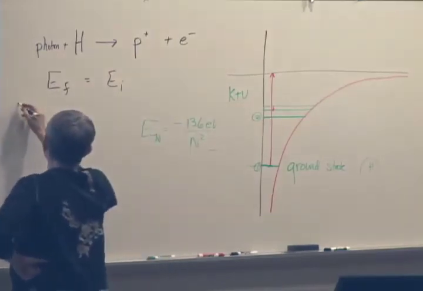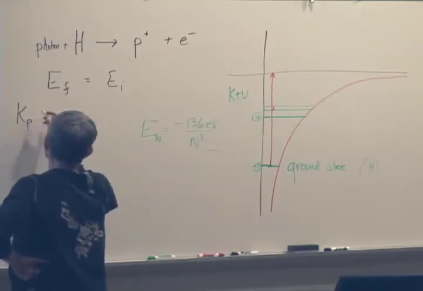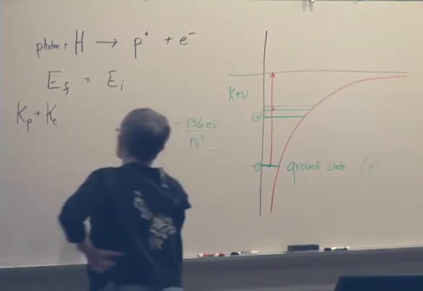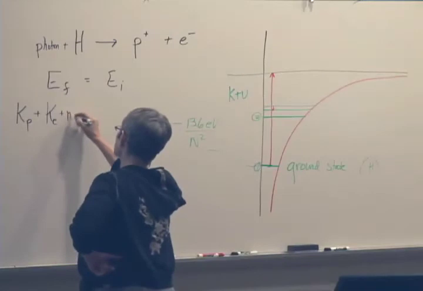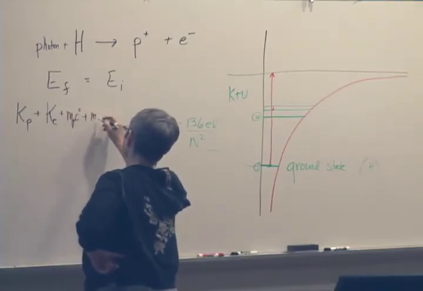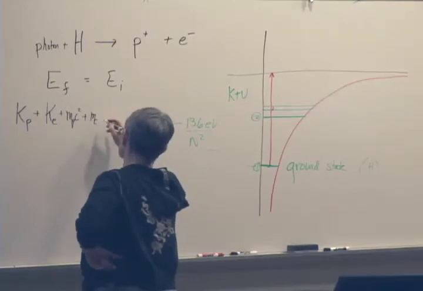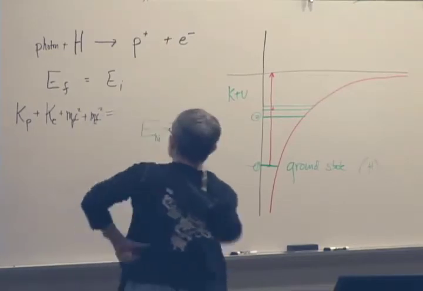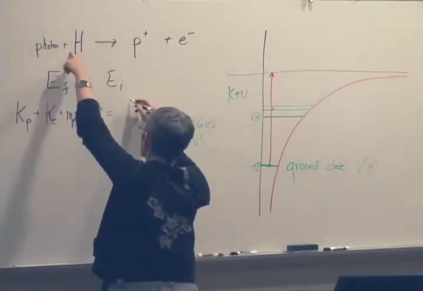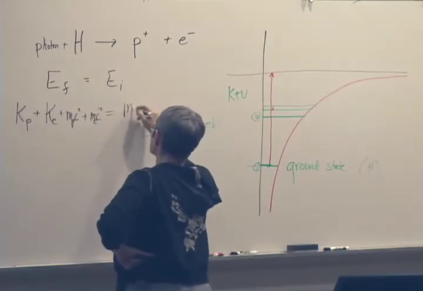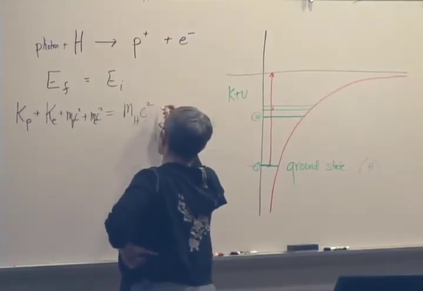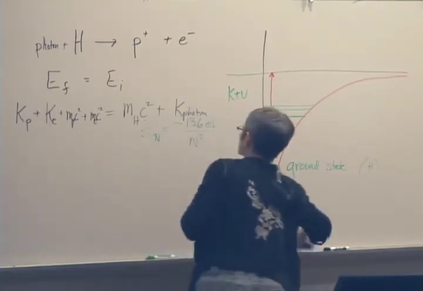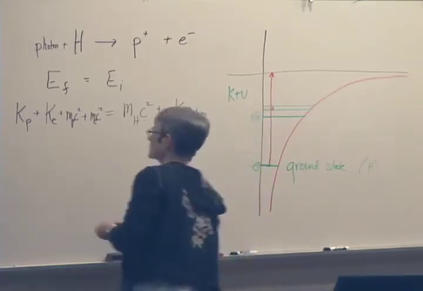And so we have the kinetic energy of the proton and the kinetic energy of the electron and the rest energy of the proton and the rest energy of the electron is equal to, well, we have the rest energy of the hydrogen atom plus the energy of the photon, which is, oh, and we forgot the electric potential energy.